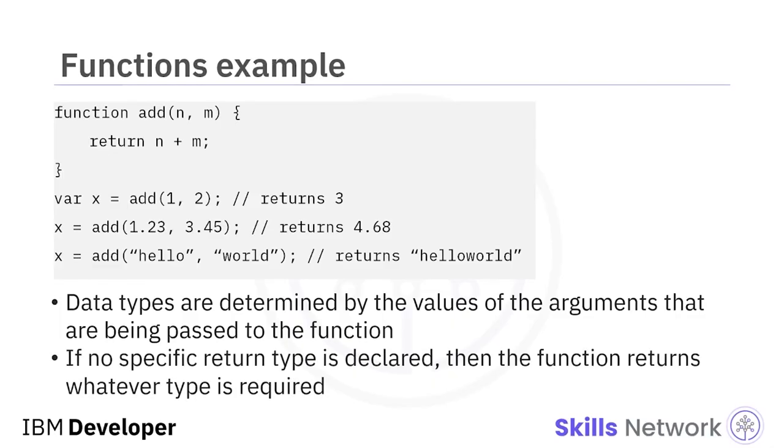The function returns whatever type is required. In this case, the return is a simple addition or concatenation of the input parameters. The action chosen depends on what data is provided to the function. If the values can be interpreted as numbers, they are added. If they can be interpreted as strings, they are concatenated.